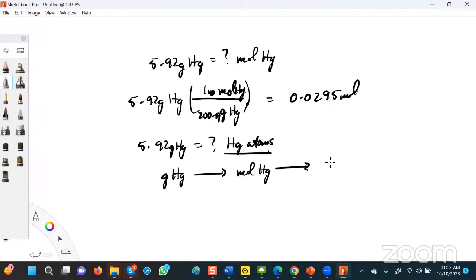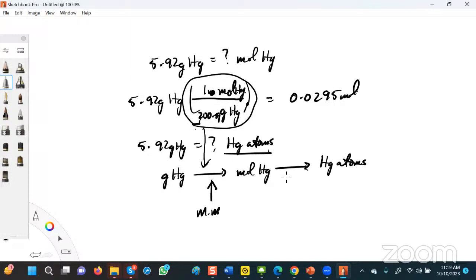So you need another conversion factor, which would allow you to convert from moles of mercury to the number of mercury atoms, right? Now, for this conversion factor here, you're going to need a molar mass, right? Which is what we did here. So this conversion factor is going to be used to carry out this conversion right here. But to go from here to here now, we're going to need Avogadro's number, all right?